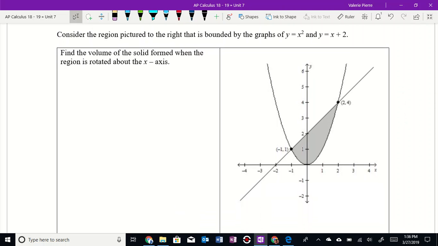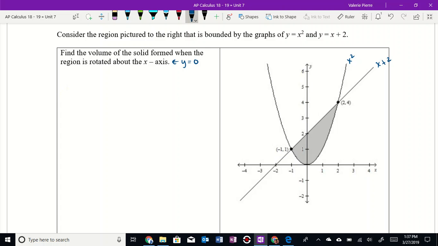So we have the graph y equals x squared and y equals x plus 2. Here's x squared, here's x plus 2. We need to find the volume of the solid formed when the region is rotated about the x-axis. The x-axis is when y equals 0, and that's our axis of rotation.